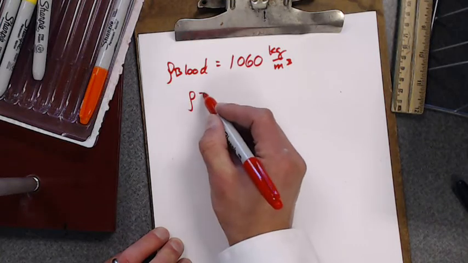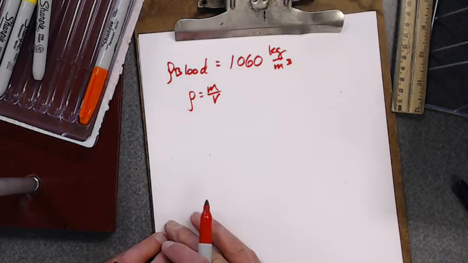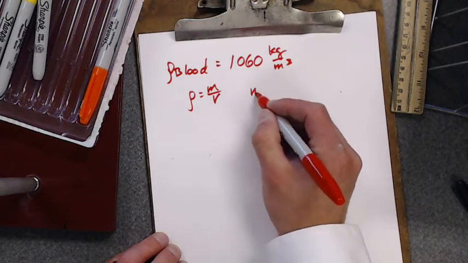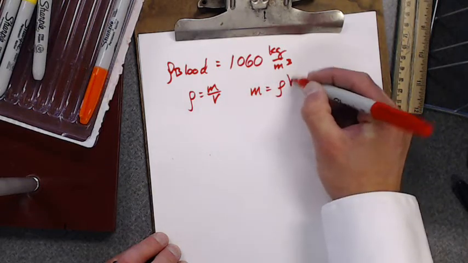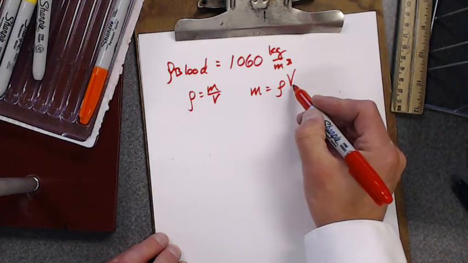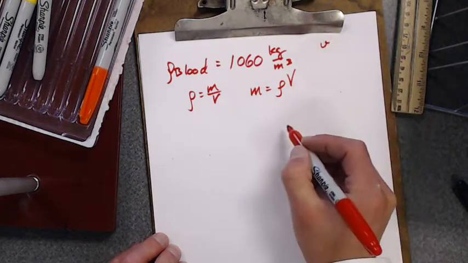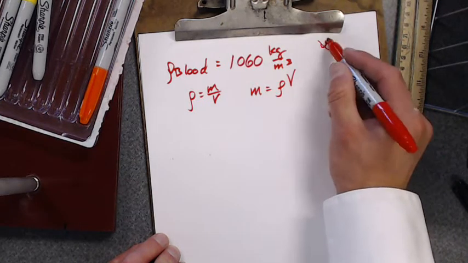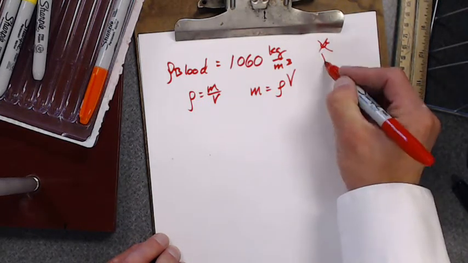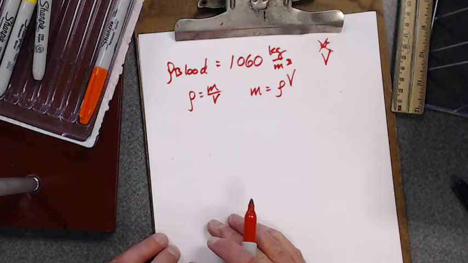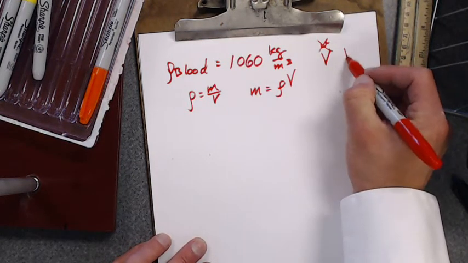So density is mass over volume, so the mass is going to be rho times my volume. Notice this is a V. We have lowercase v for velocity, so don't make it look like this. This is a capital V for volume.